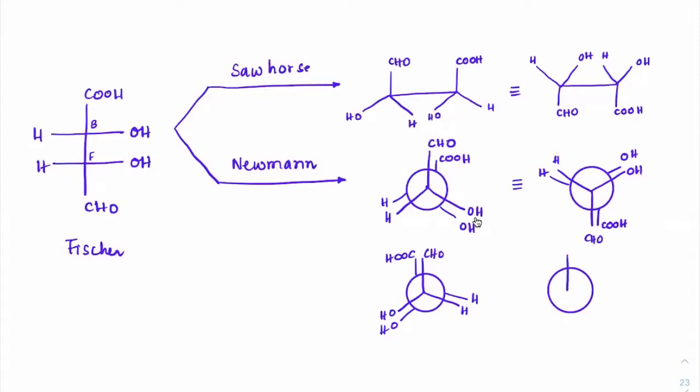Wherever you want to put, you can put it, because from Fischer to Newman there won't be any change in terms of direction. If OH is here, you put the next OH here, and if H is here, you put the next H there, and if CHO is here, you push the next COOH here. That's all. So all these 4 are the same.